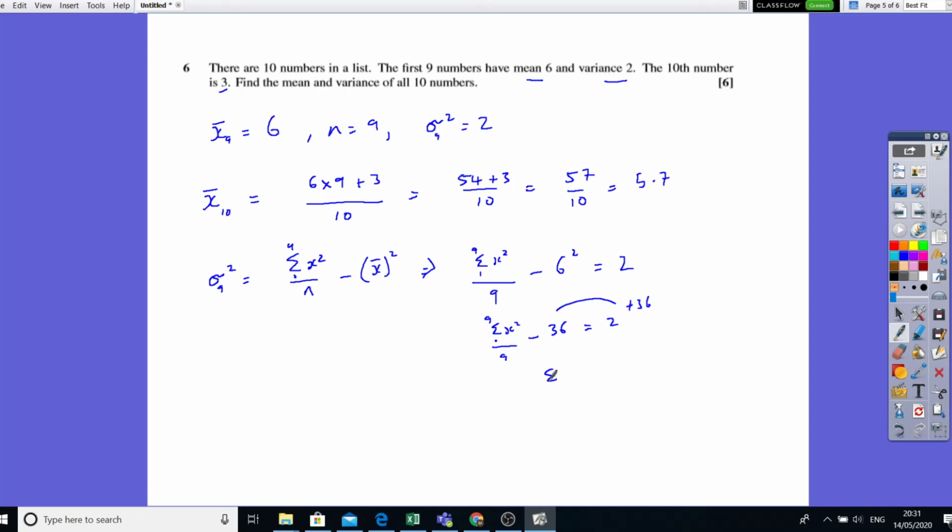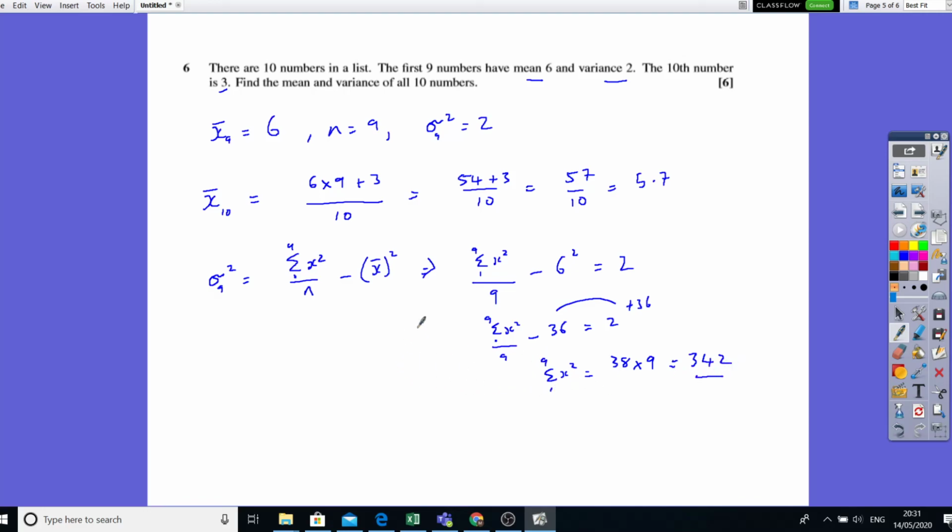So the sum from 1 to 9 of x squared is going to be 2 plus 36, which is 38, multiplied by 9, because that was being divided by 9. So let's quickly do that on the calculator. 38 multiplied by 9 gives me 342.